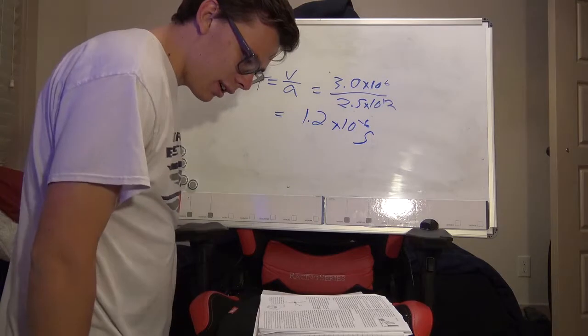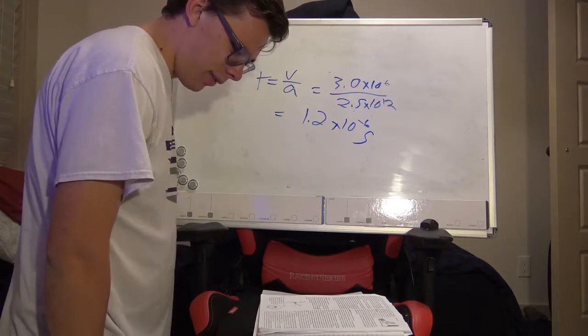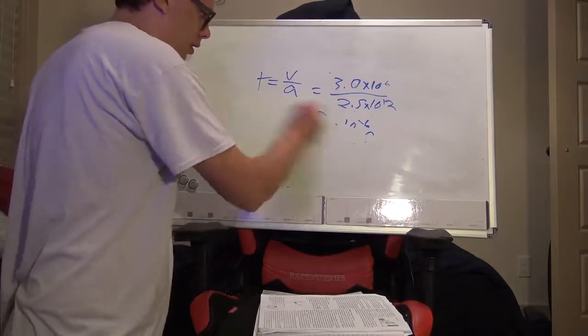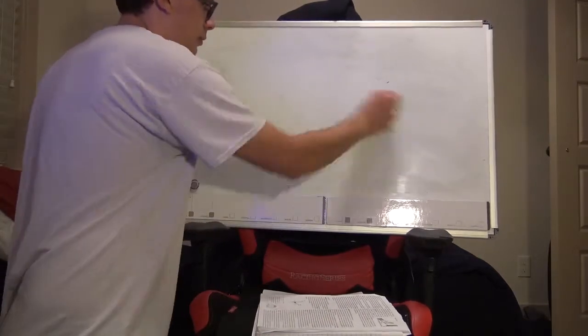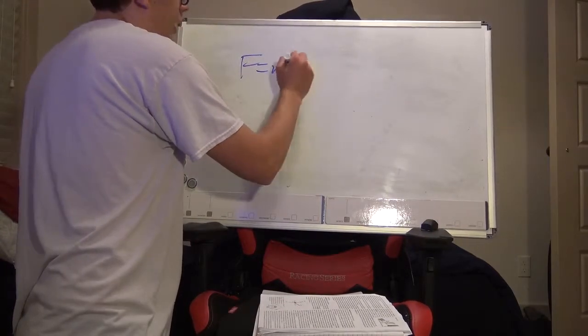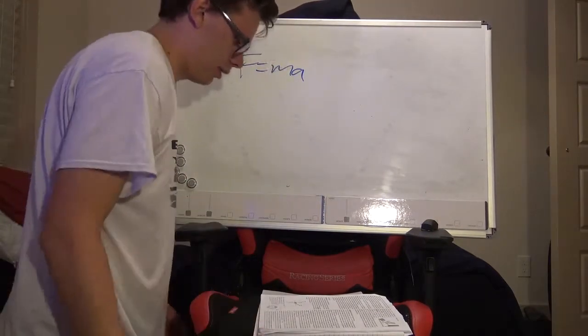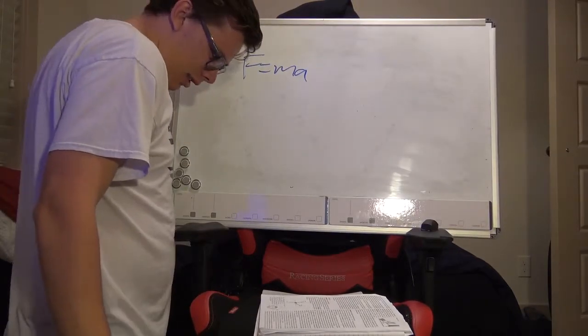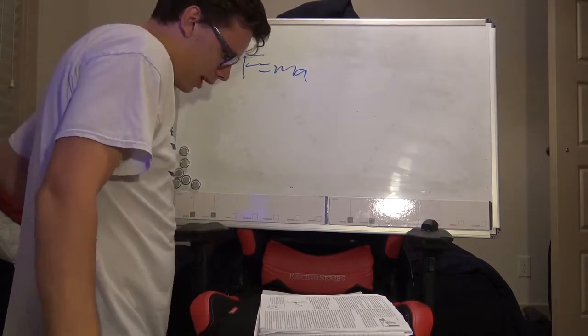And part C, the net force in newtons. Ignore the gravitational force on the electron. Well, we know that force equals mass times acceleration. And we have acceleration, and we have the mass.